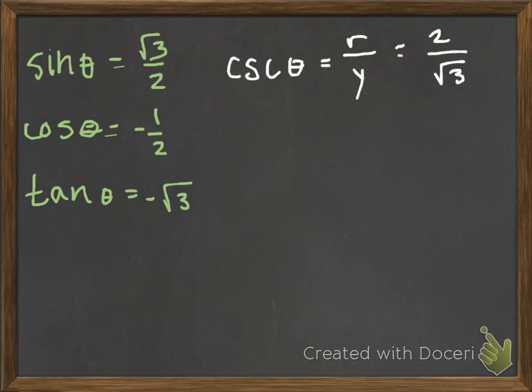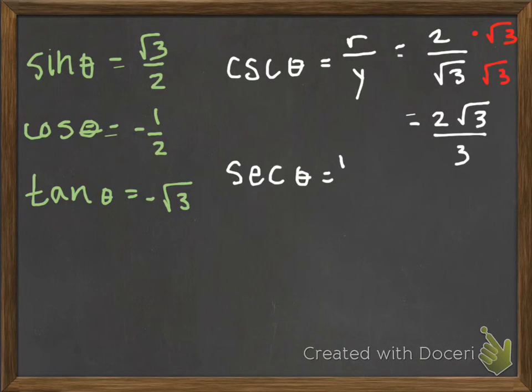And to rationalize, you multiply whatever that square root is from the bottom to the top and the bottom. So I'll get 2 root 3. In the bottom, the square root of 3 times the square root of 3 is the square root of 9, which bumps you right back down to 3. So that's cosecant.